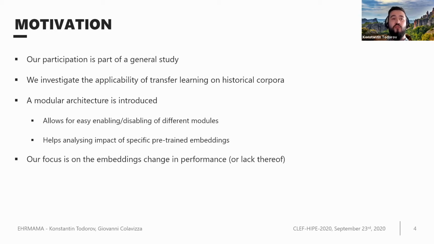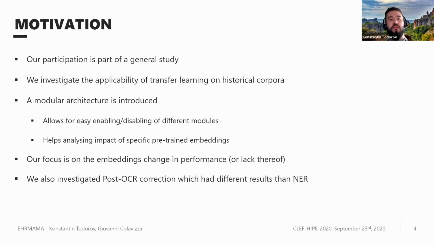To this end, our focus is on the change in performance from the embeddings, or of course lack thereof. And just for your information, we also investigated the post-OCR correction challenge, and this had different results than the named entity recognition.